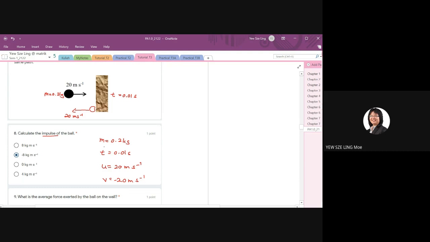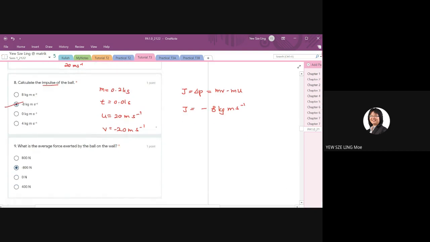So now you have all of the information you need to calculate impulse. So J equals delta P equals mv minus mu. Plug in the values, you should obtain J equals negative 8 kg m s^-1. All right, so the answer is B.